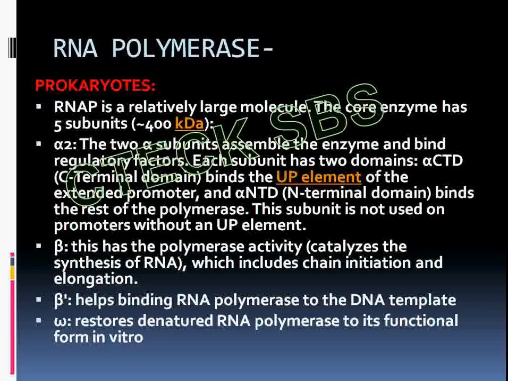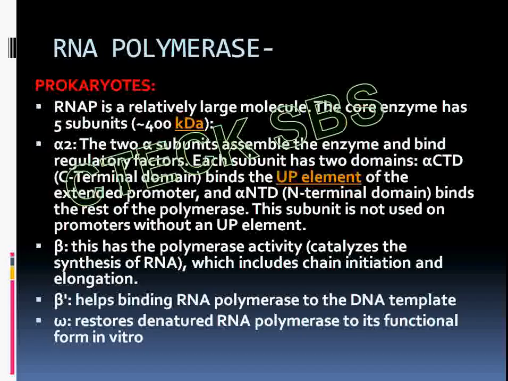This subunit is not used on promoters without an up element. The beta subunit has the polymerase activity, which is involved in the conversion of DNA to RNA. It catalyzes the synthesis of RNA, which is the main unit.